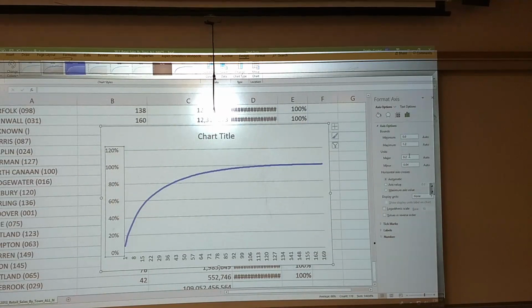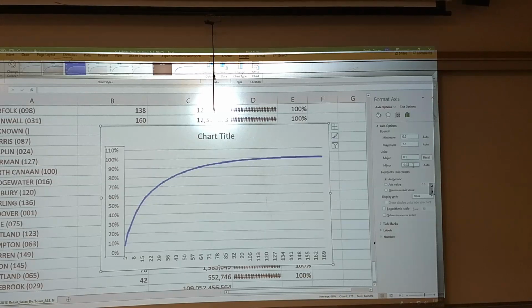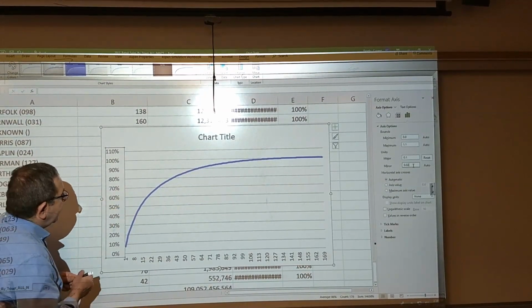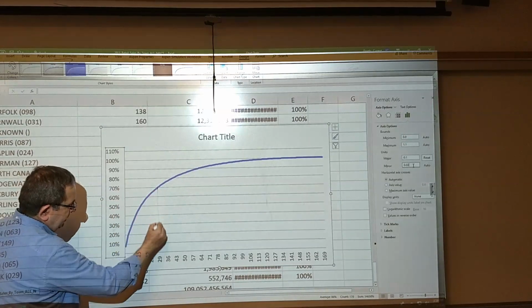Format axis, major 2, 1. Let's do this. Okay, so let's say 70%. So 70%. Let's look at that.